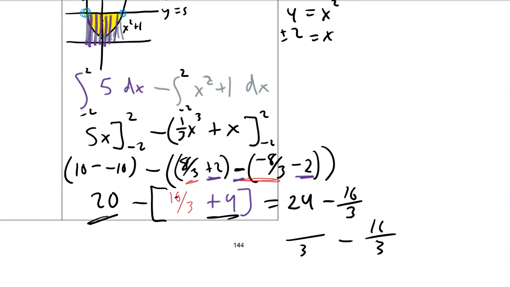Isn't the 4 negative? Yes, it should be. I plugged in a negative 2. Why did I make this? Should be 16. Plugged in 2 here, plugged in negative 2 here.